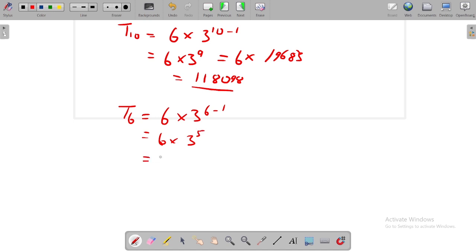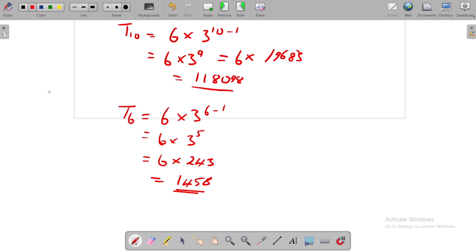What are we having? 3 to power 5 is 243. If we multiply the two, what are we having? We are having 1,458. This is the answer for this one. We've gotten the two. They didn't ask us for the sum of the two, and even if they did, we would add this one and this one together.